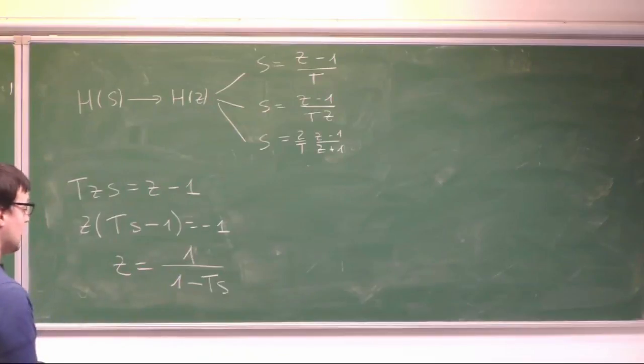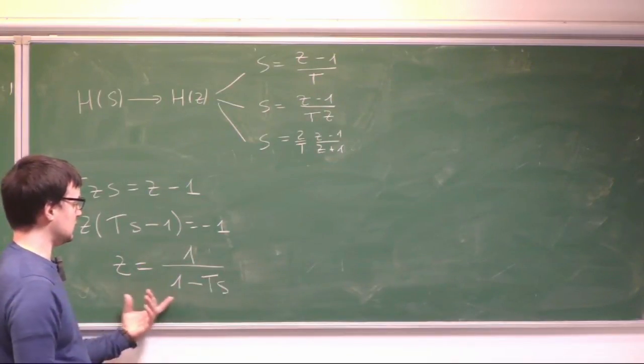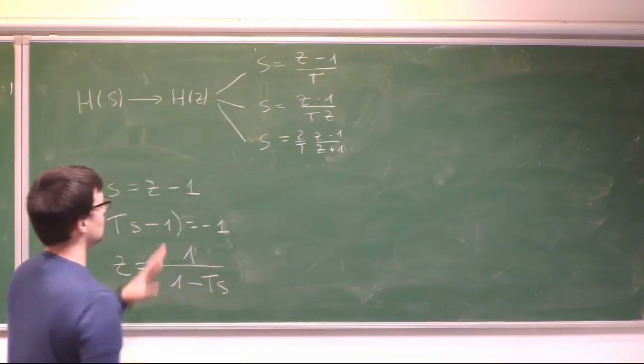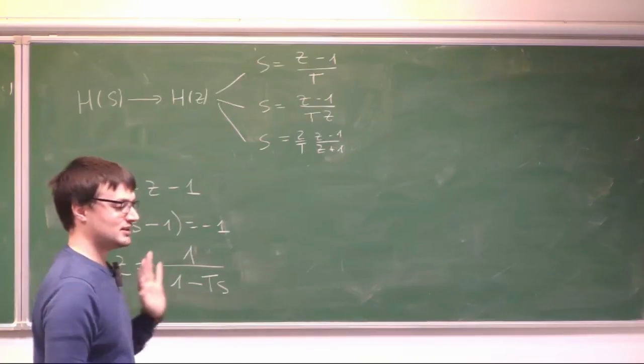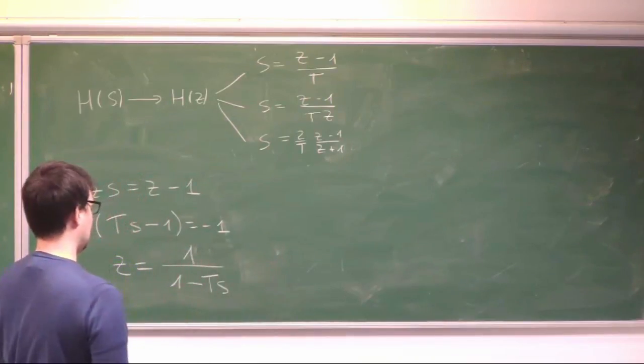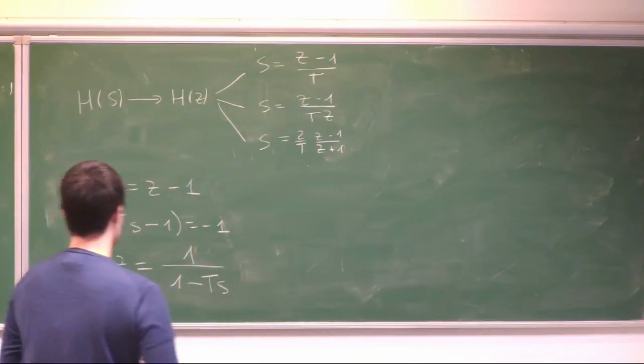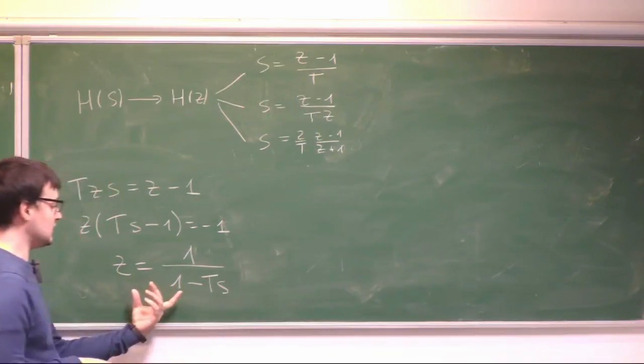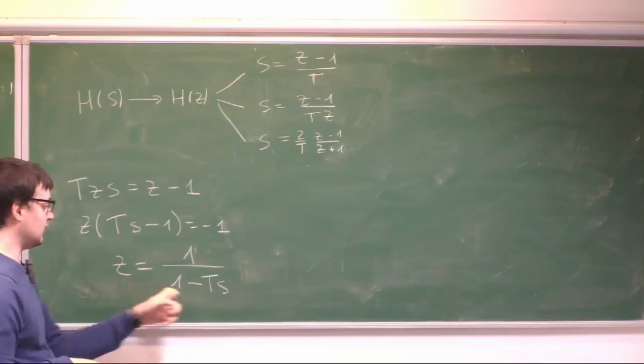Okay, so we have this expression, and now we want to understand what this expression represents. We saw that the previous expression was easy and it meant just a shift of the plane. What does this mean? To do so, we have to do some operations. First of all, we subtract 1 over 2 from both sides.